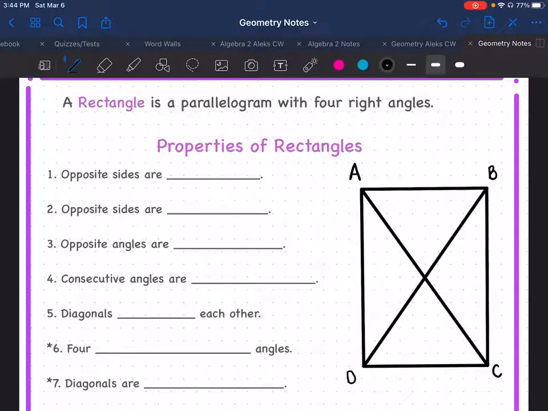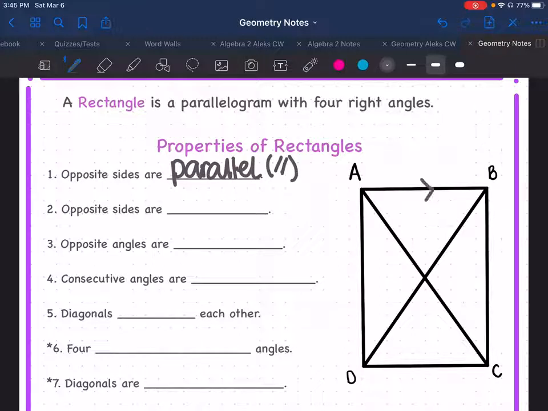So let's go back and go through. The opposite sides are parallel, just like in the parallelogram. So the top is parallel to the bottom, the left side is parallel to the right side. The opposite sides are also congruent, which means that they are equal.